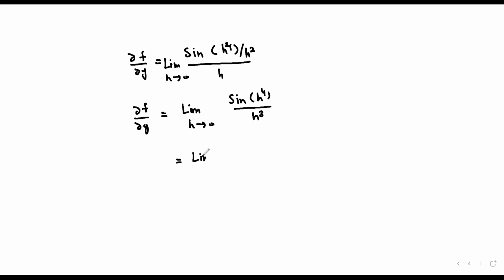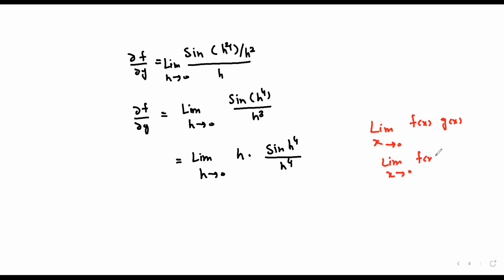Now can I write this as the limit as h approaches 0 of h times sine of h raised to power 4 over h raised to power 4. And you know that if we have the limit of f of x and g of x, I can apply the limit on both functions separately.